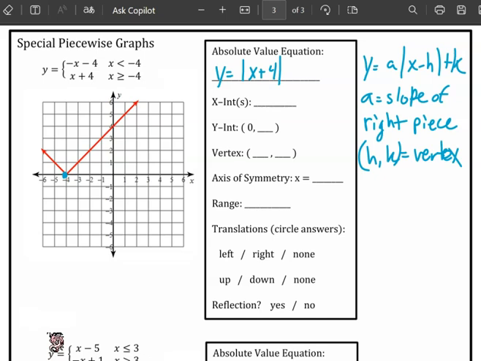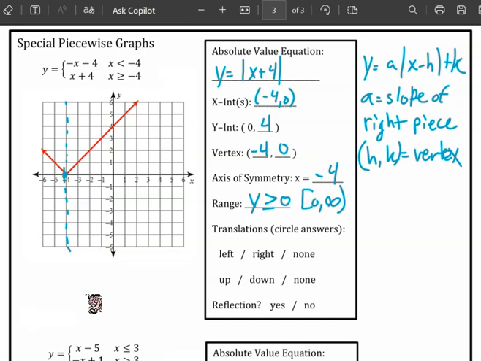Right, the x-intercept is at -4, 0, and the y-intercept is at 0, 4. The vertex is also at -4, 0 in this case, and then the axis of symmetry is the line that goes through the vertex at x equals -4. The range would be y is greater than or equal to 0, also known as 0 to infinity in interval notation.